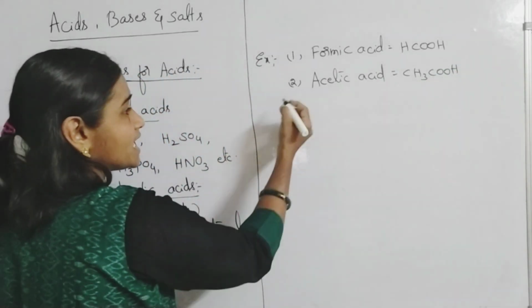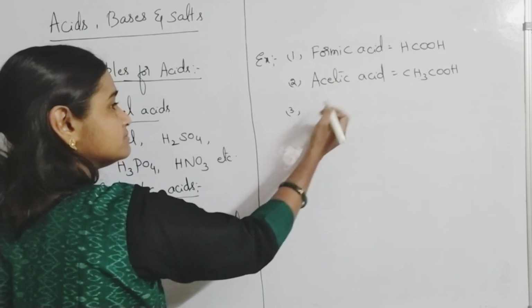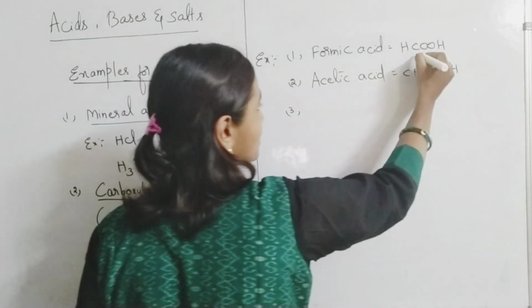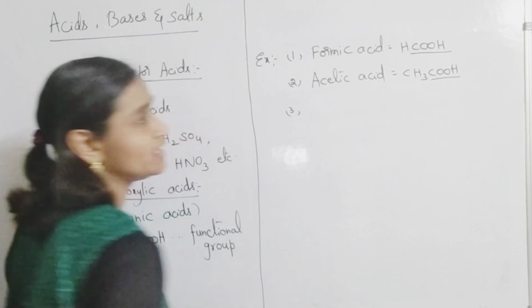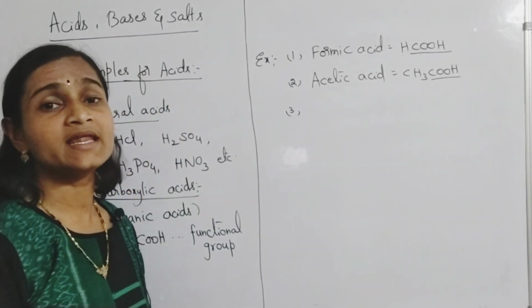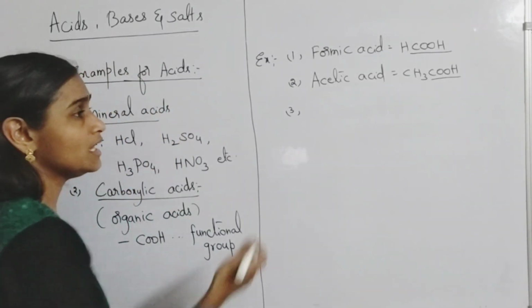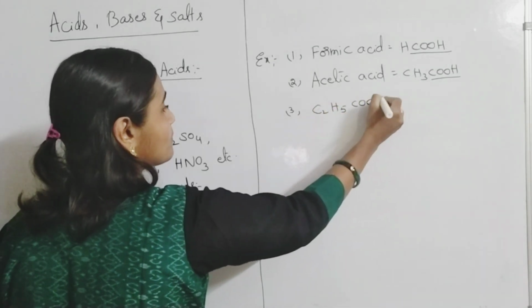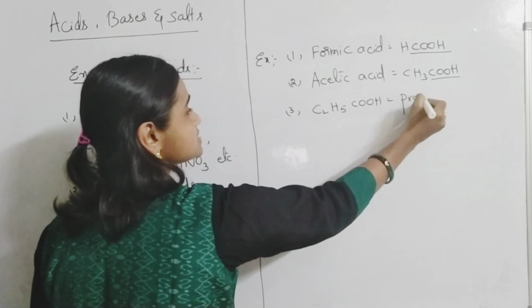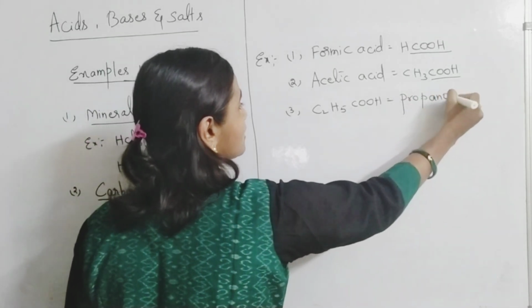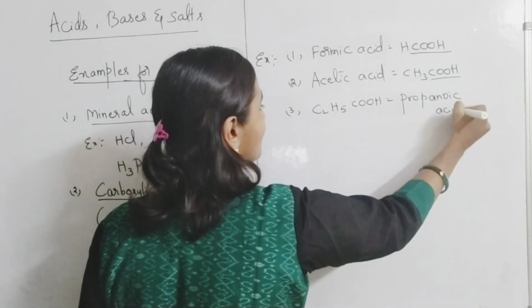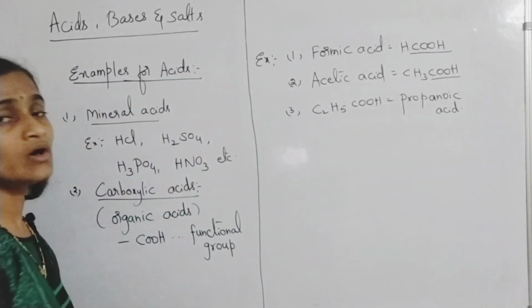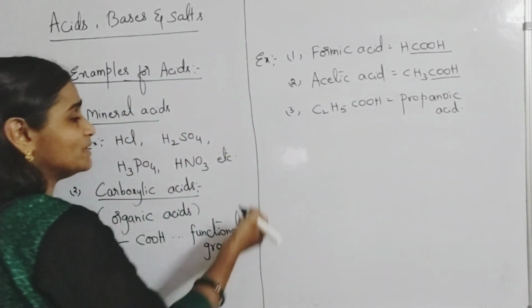And you have other acids in which COOH is the functional group, like C2H5COOH, which you call propanoic acid. So like that, organic acids are also available to us.